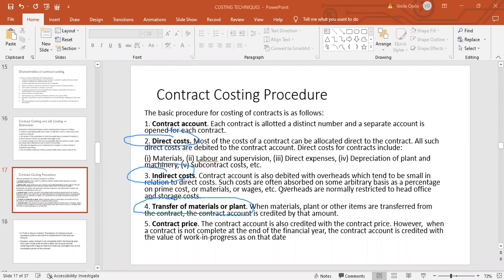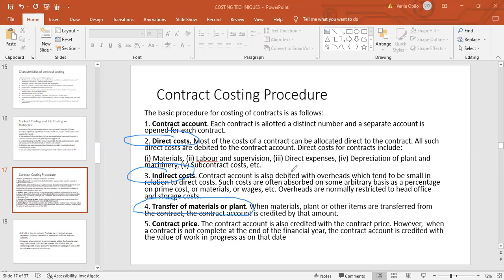So you will also have to add any materials that have been transferred from the company's warehouse or stores in order to ensure that the contract is completed. That again is going to be included. So these are some of the factors that we will include.